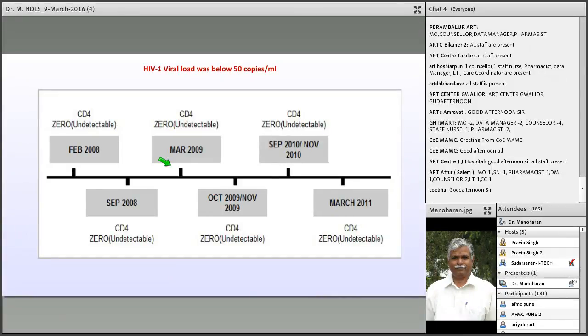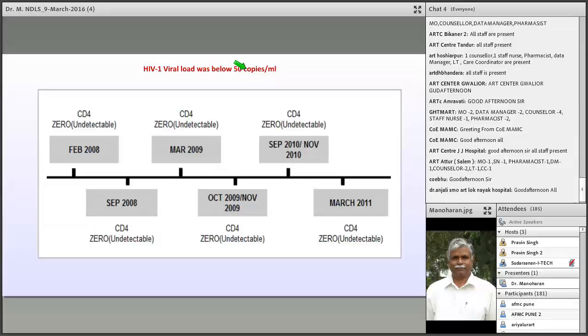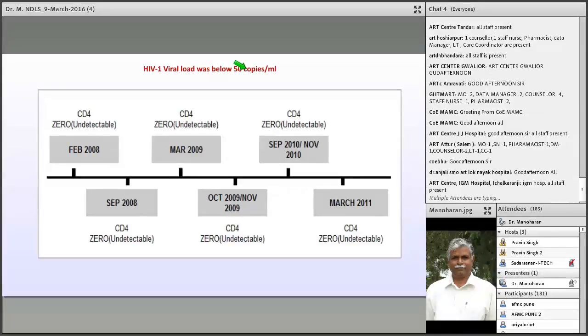So you look at his CD4 count, it was consistently 0 from 2008 to March 2011, and his viral load is also less than 50 copies per ml.